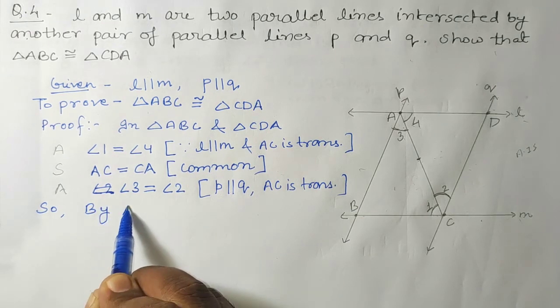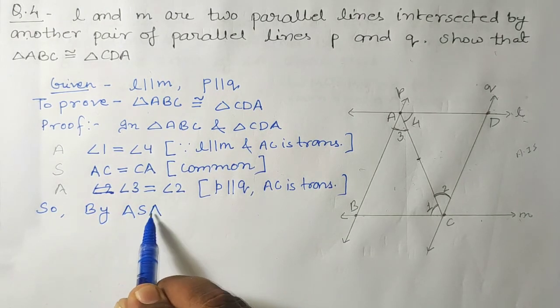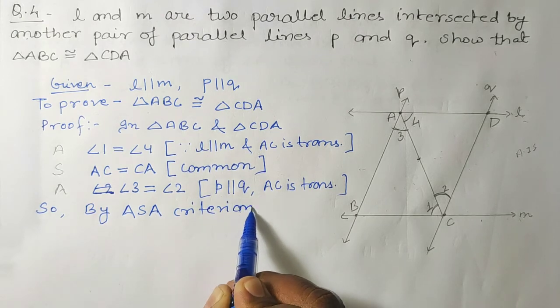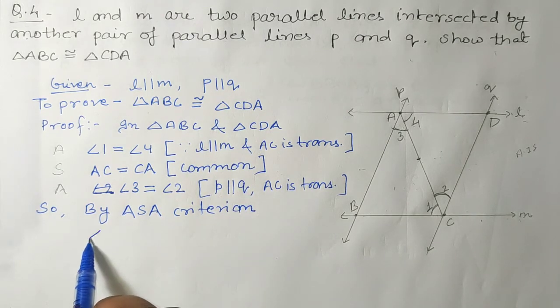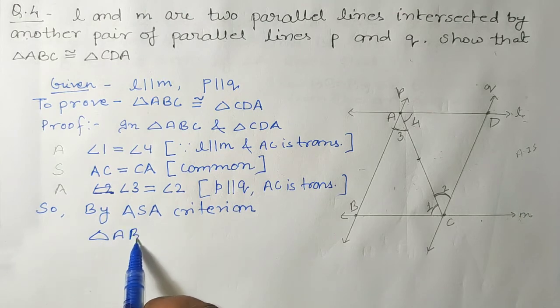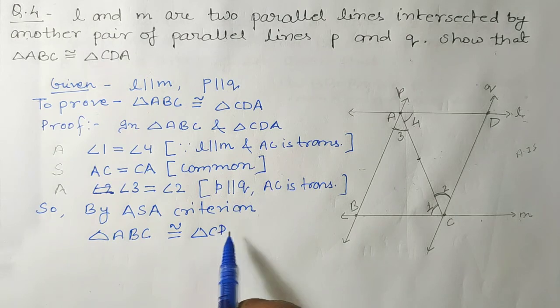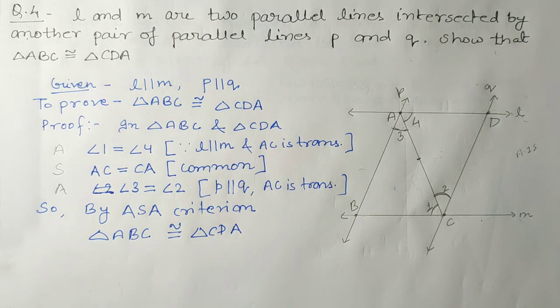So by the angle side angle criterion, triangle ABC is congruent to triangle CDA. Students, this will be the proof of this question, how we have shown that these two triangles are congruent by the angle side angle criterion.